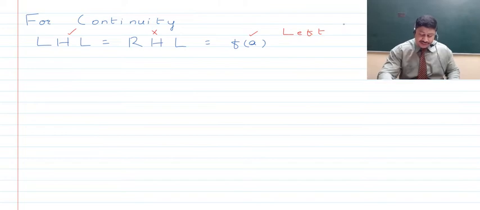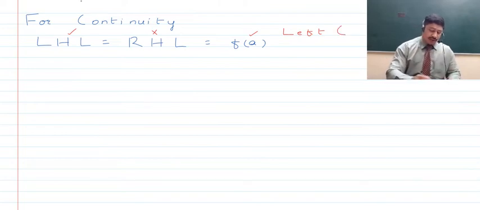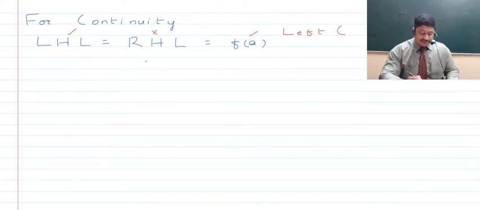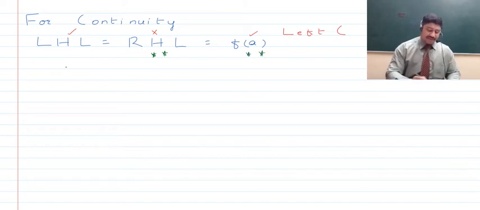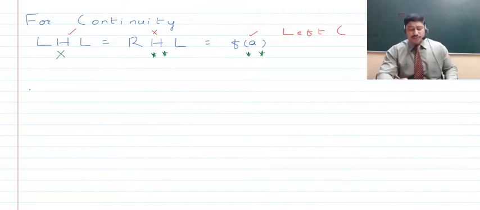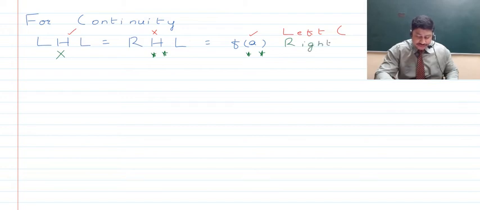And further similarly, guys, if the left hand limit is again not equal to the right hand limit, but the right hand limit is equal to the value of the function, but is not equal to the left hand limit, then you will say that it is right continuous, right?